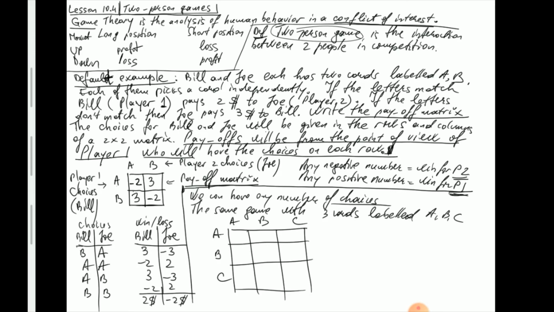And again, this is basically player 1, player 2 on the columns. If the letters match and there are now 3 possibilities, that's going to be a loss for player 1 of $2. A, A, B, B, C, C. In all other situations, when the letters do not match, obviously that's going to be a win for player 1.